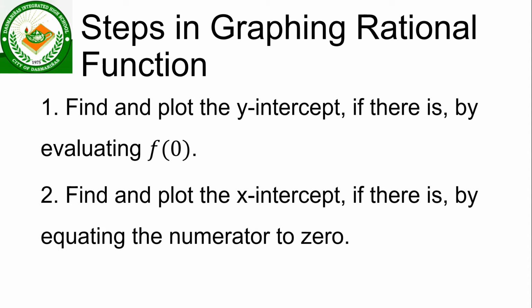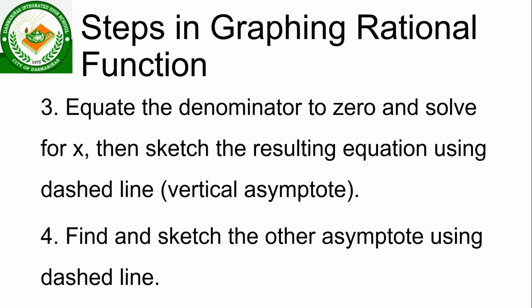There are also instances that there is no x-intercept. Okay, so if there is, how are we going to do that? We are going to equate the numerator to 0, then solve for x. Third step, we are going to equate the denominator to 0 and solve for x.